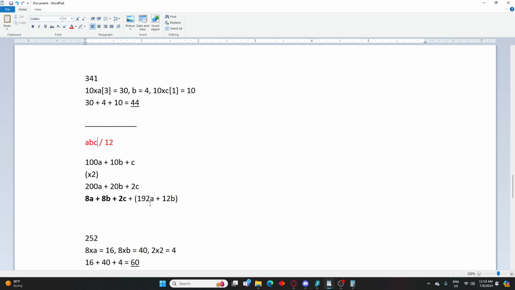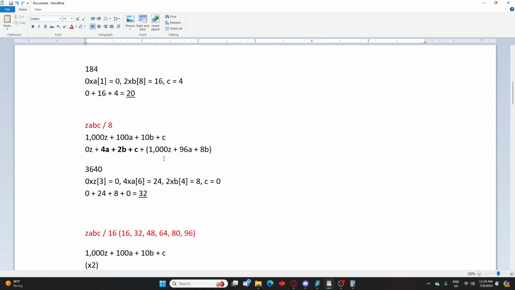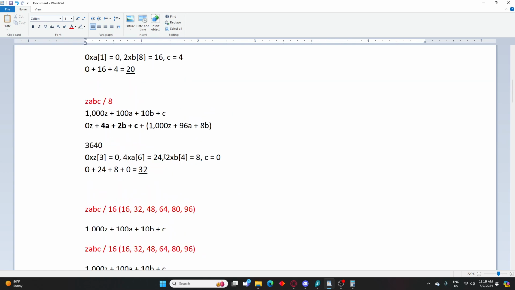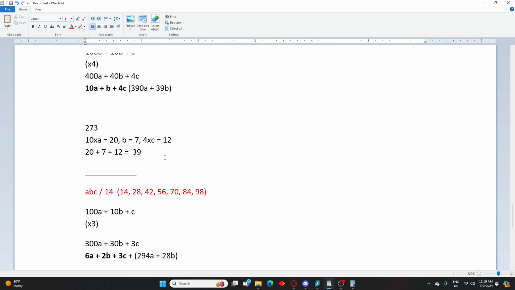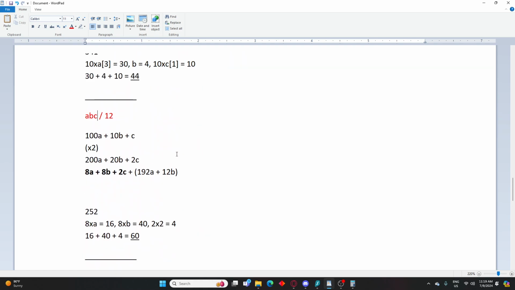I wonder. This is the system I came up with, but I think if it's just divisible by both 3 and 4, that would work. I'll test that out later. Well, let's do what I have written down, and then we'll go from there.